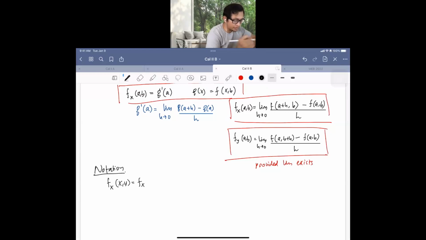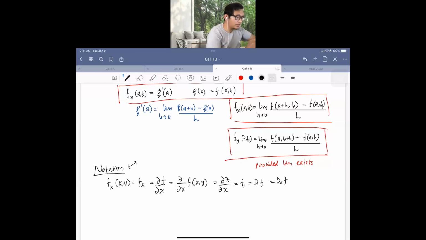You can just write f_x like that, or del f del x with Leibniz notation, or del x of f(x, y), or del z del x, or f_1 or D_1 f or D_x f.